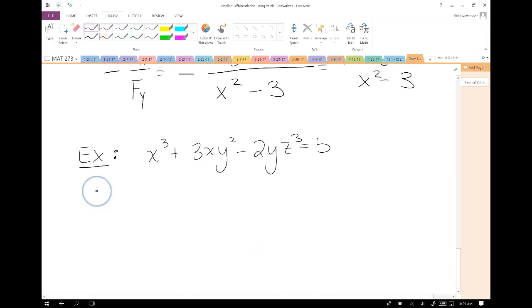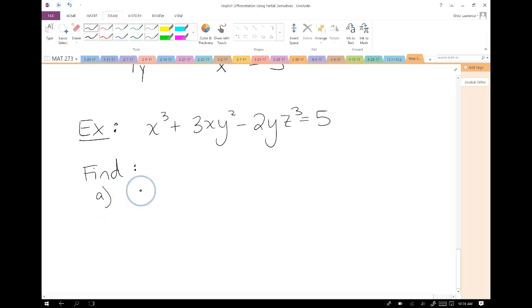And we're going to find a couple of things. Since this is a function of several variables, these are going to be partial derivatives. I'm going to find the partial derivative of x with respect to z.